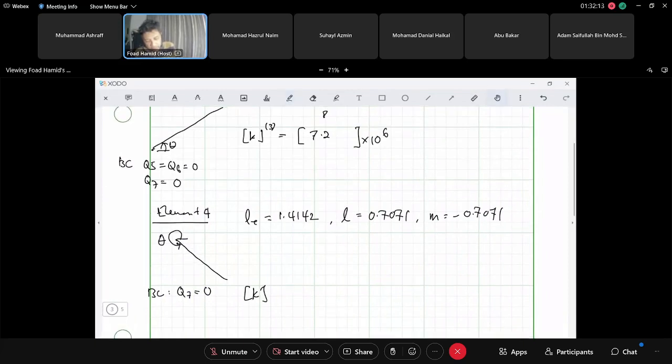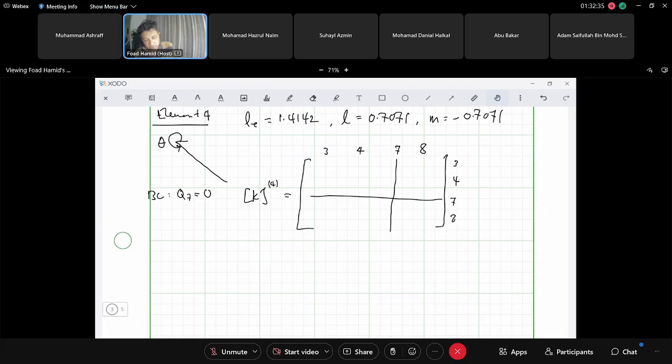For element number 4, we have 3, 4, 7, 8, but 7 is not going to be used because the boundary condition is 0. So we are left with only a 3 by 3.